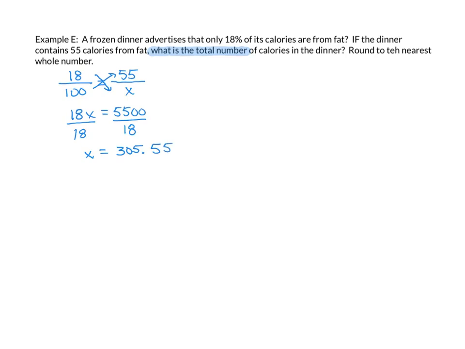Now it did say that we want to round to the nearest whole number, and so we are going to have x equals 306 calories. We're going to round up.